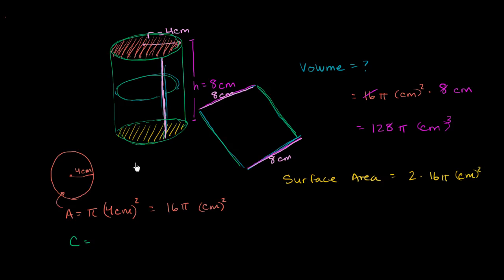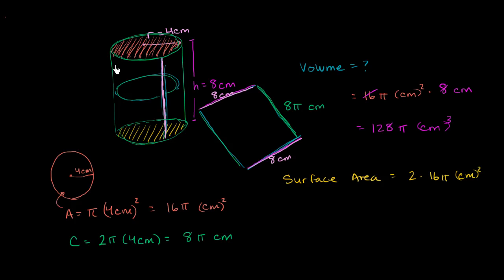It is 2 times the radius times pi, or 2 pi times the radius, 2 pi times 4 centimeters, which is equal to 8 pi centimeters. So this distance right over here is going to be 8 pi centimeters.